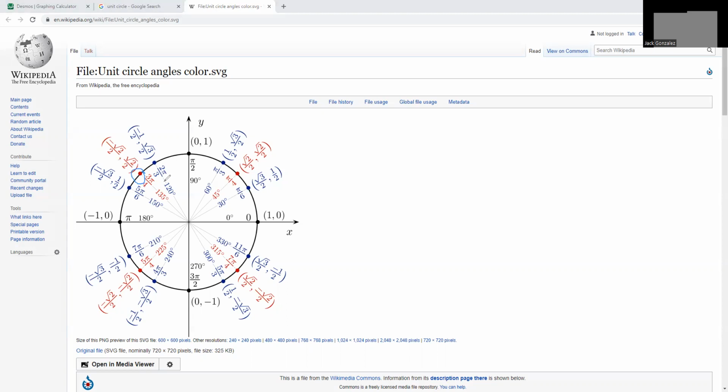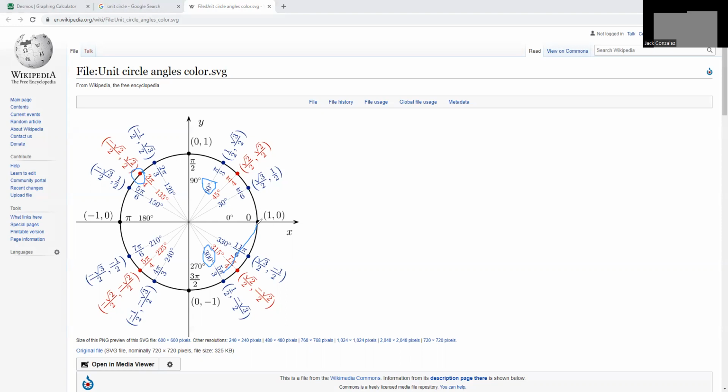Well, let's think of the smaller angles first. 60 degrees is here, right? Okay. Negative 60 would be here, go in this direction. Negative means go clockwise. So the question on this problem said negative 5 pi over 4.